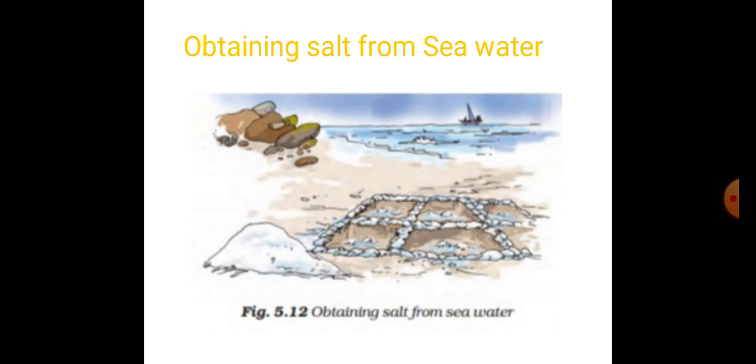The heat of the sun gradually evaporates the water completely in the shallow ponds, leaving behind the solid salt. This mixture of salt is further purified to obtain common salt. So it is sent to factories, purified and then delivered to us. So by this process, that is evaporation, common salt is prepared.